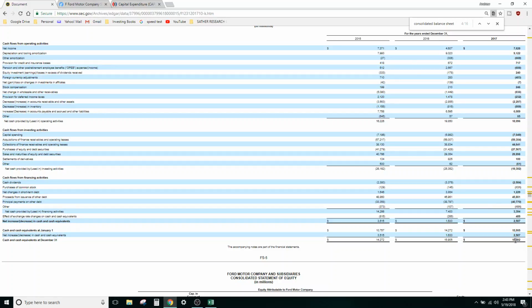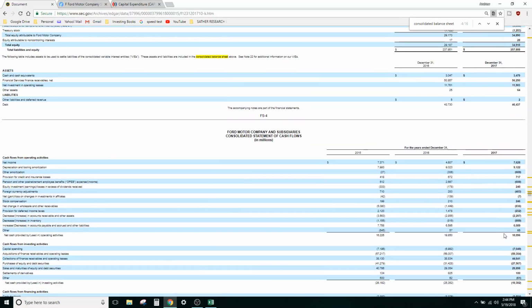But let's say they only had like 100 million in cash instead of 18 billion. Well, let's say in 2018, one of our factories catches fire, right? So we need to do a maintenance type of CapEx, where either we spent a bunch of money to replace components, or we had to replace the whole factory, whatever.